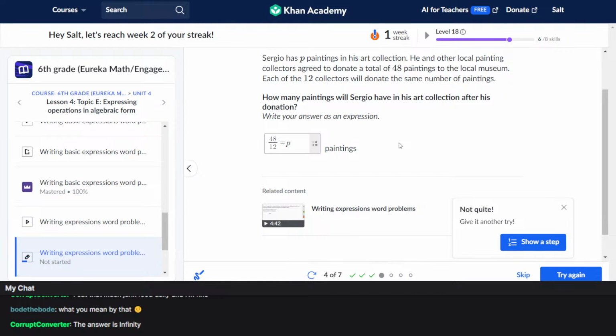Goddamn. Is it not? Because they're donating the same amount. No, that's not the answer.